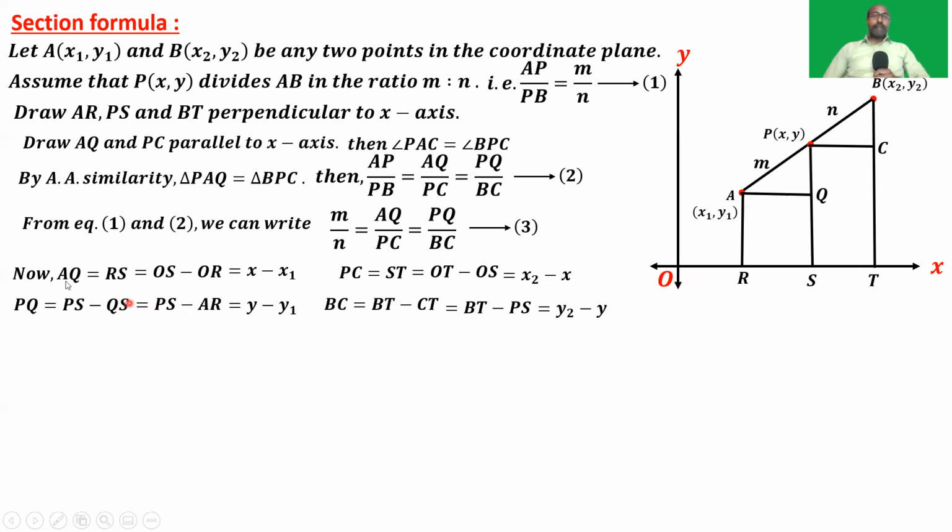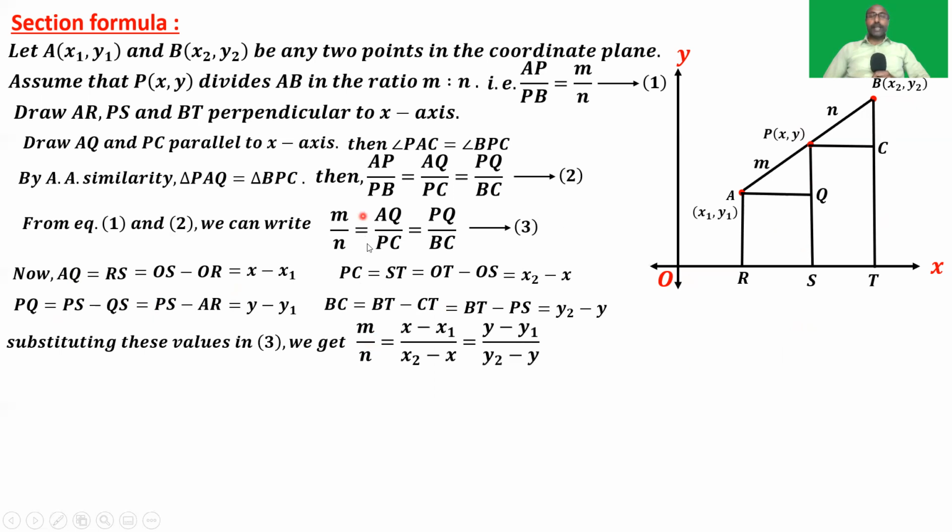Now substitute the values of AQ, PC, PQ, and BC in equation 3. Then we can write m by n is equal to AQ, which is x minus x1, PC is x2 minus x, PQ is y minus y1, and BC is y2 minus y.